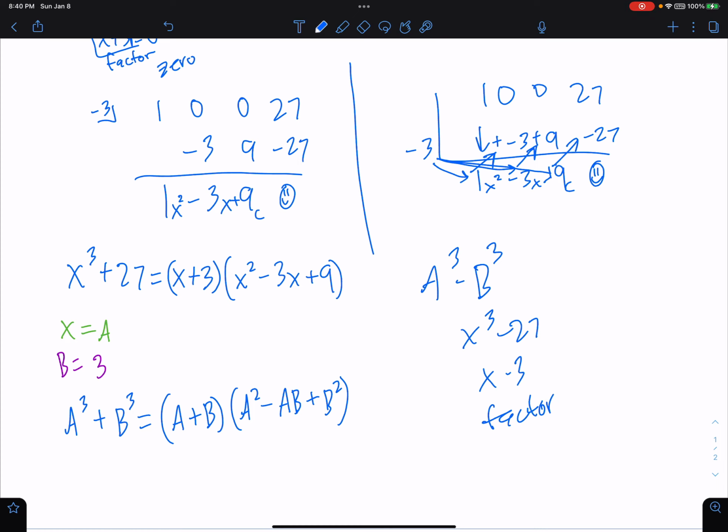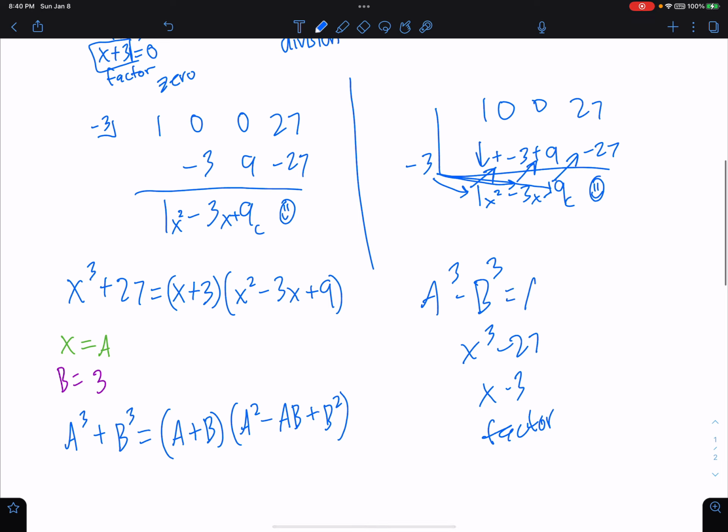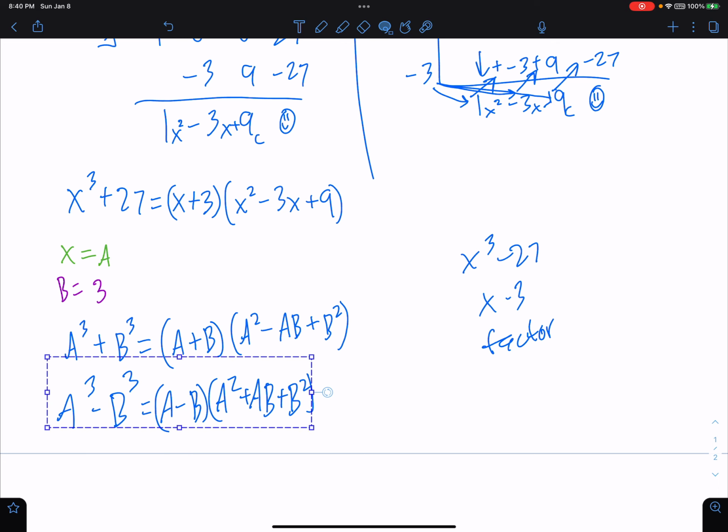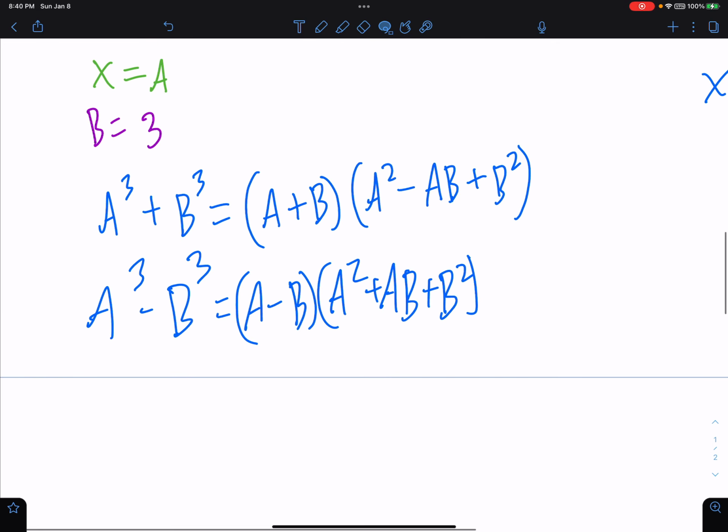You do synthetic division or long division, and then of course you get that a cubed minus b cubed is a minus b times a squared plus ab plus b squared. Yep, and then if I move it down here, except for my handwriting, those are your clean formulas.